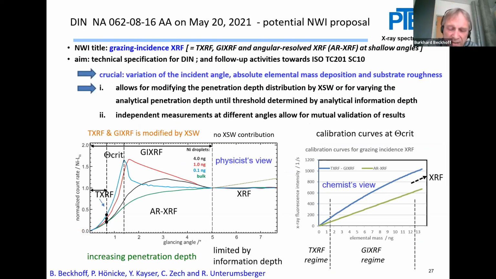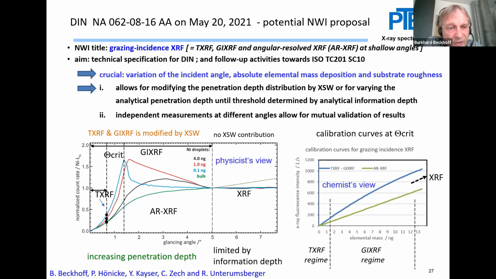Over the last couple of months, we tried to summarize those aspects for the German standardization organization DIN, and we intend to forward the suggestions towards the ISO TC21 SC10, which is on XRR and XRF, regarding grazing incidence X-ray fluorescence analysis. And you see here 2 pictures, one to the left. It's basically the physicist's view.